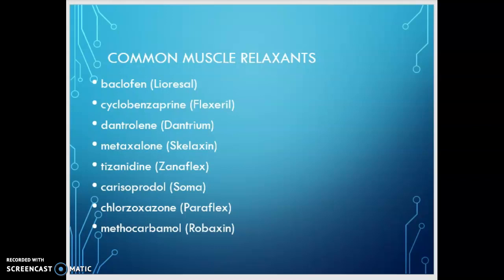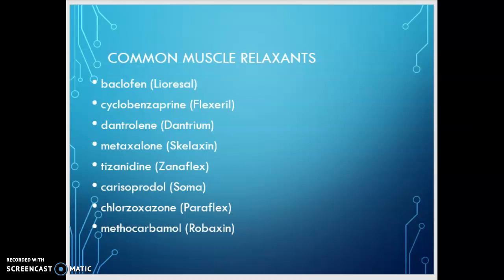Tizanidine is a very popular and the newest, I would say, of these drugs. We'll talk about that in just a second. Carisoprodol, that's our Soma, not being seen used very much at all. In fact, it's pretty much an obsolete drug. Chlorzoxazone, that's Parafon Forte, don't see it used as much. Methocarbamol, that's Robaxin, we'll see that.